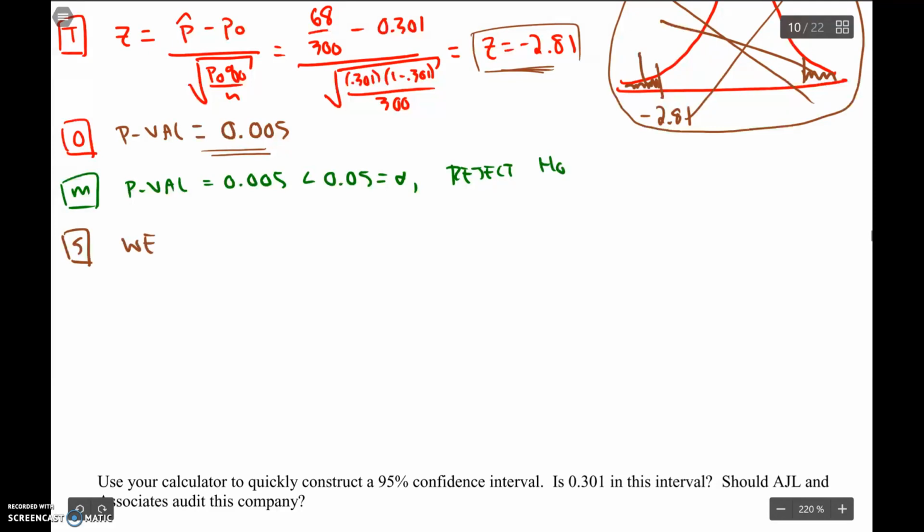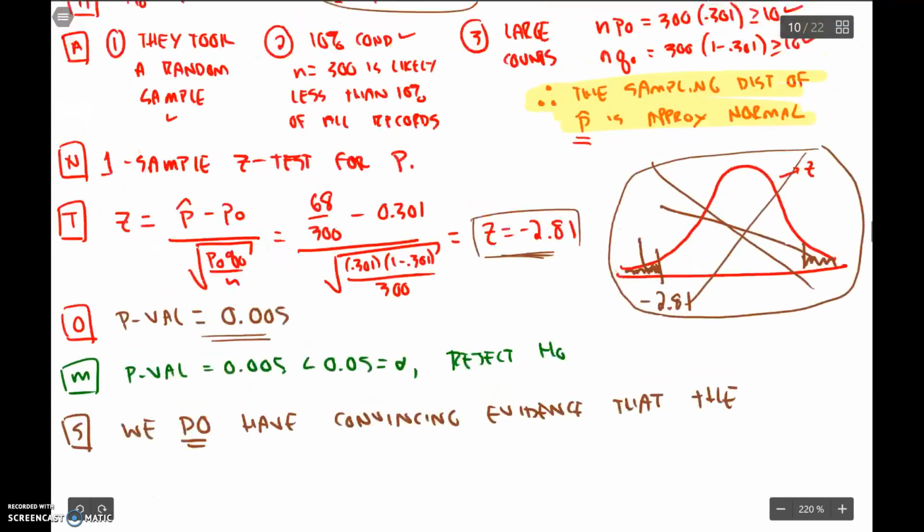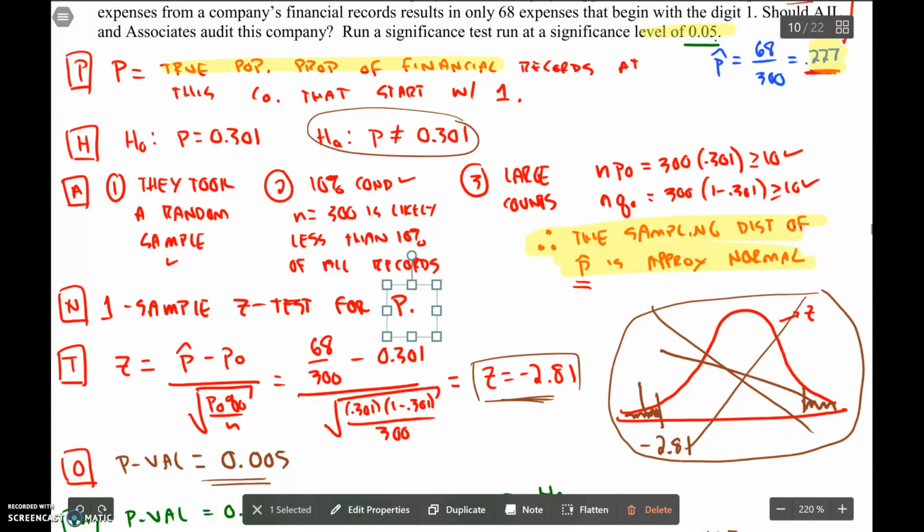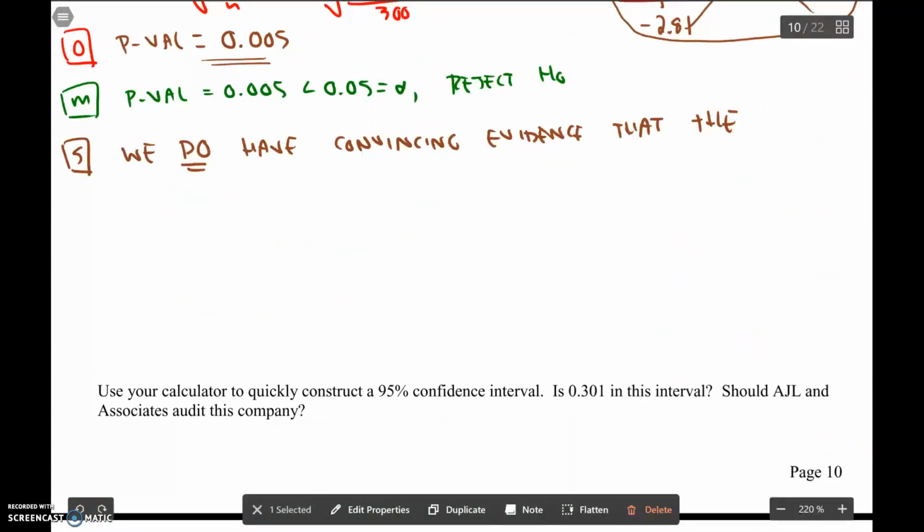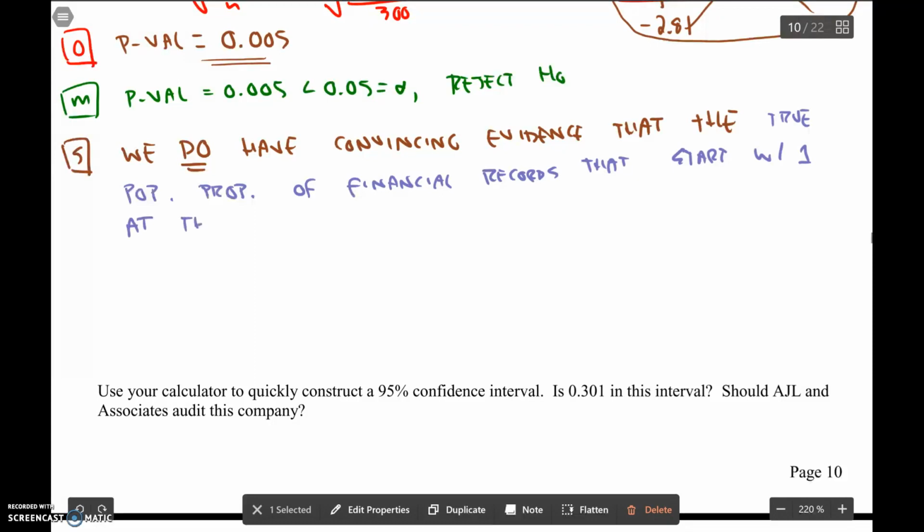non-statistical conclusion. We do have convincing evidence that, so let's go back up to the top here and copy the true proportion of financial records that start, copy that down word for word, that the true population proportion of financial records that start with 1 at this company is, so now what are we going to put down?